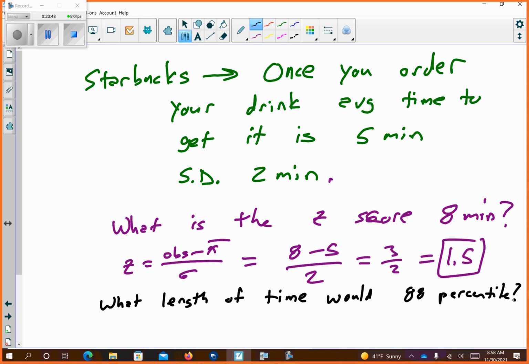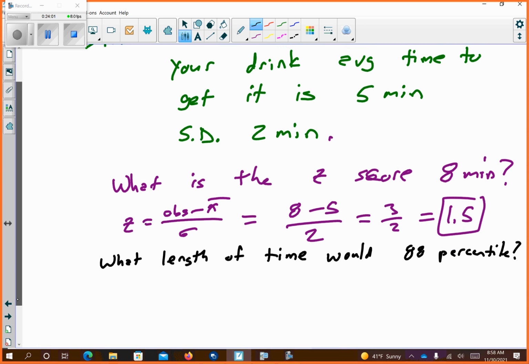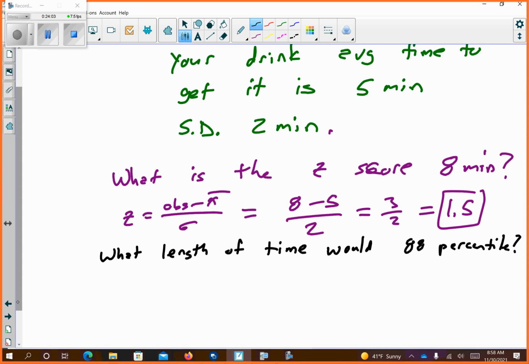What do you think? This is not a z-score one. Agree? This is now a calculator one. So which calculator function is it? Yeah, it's the inverse norm.